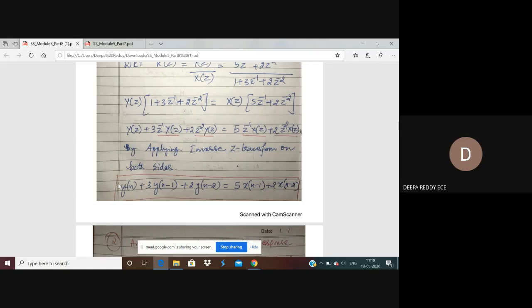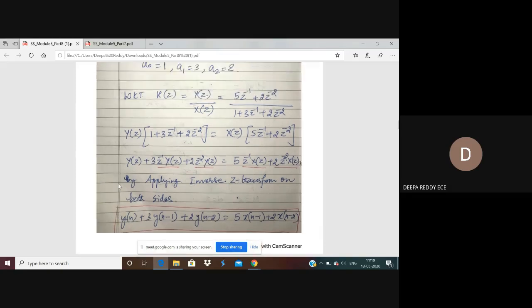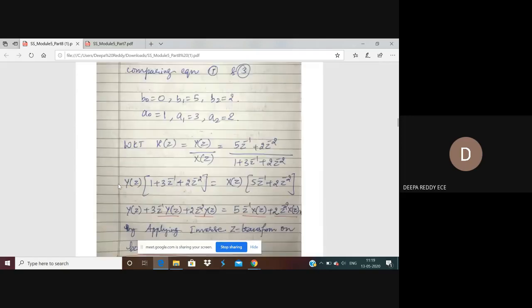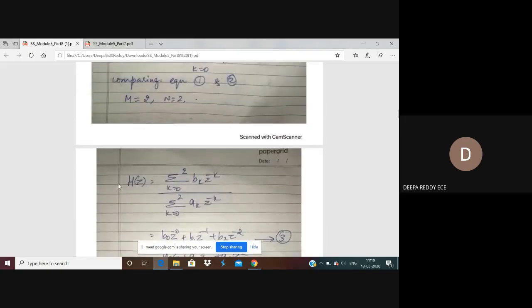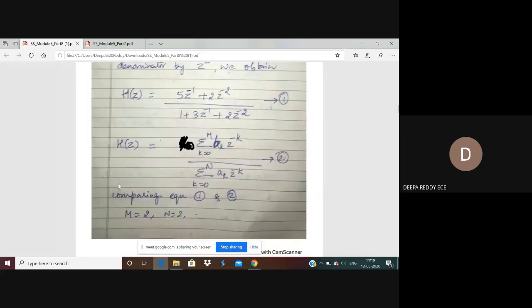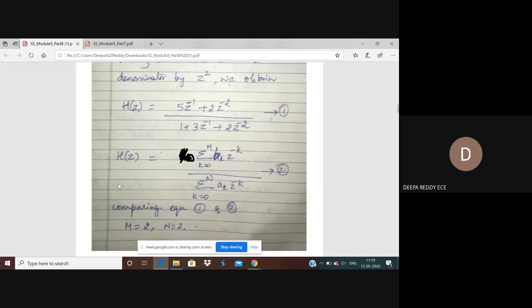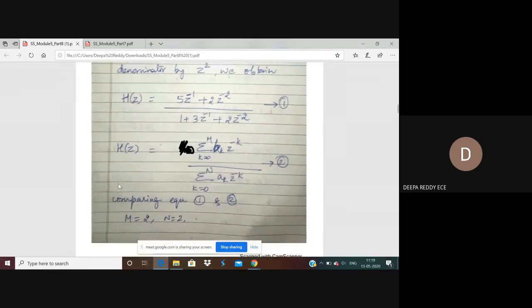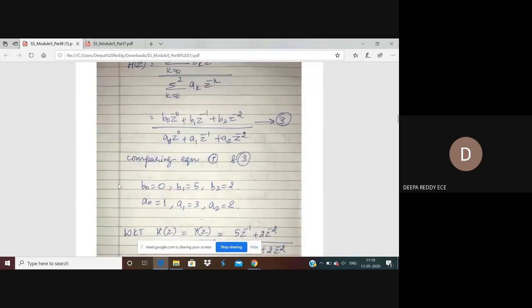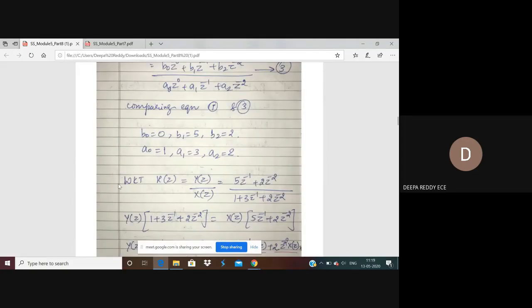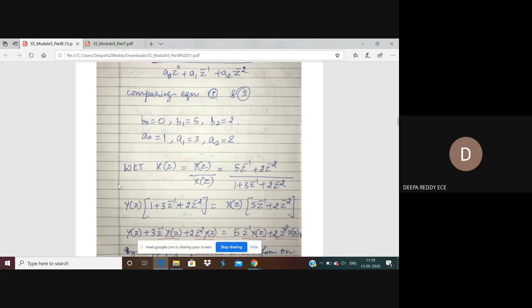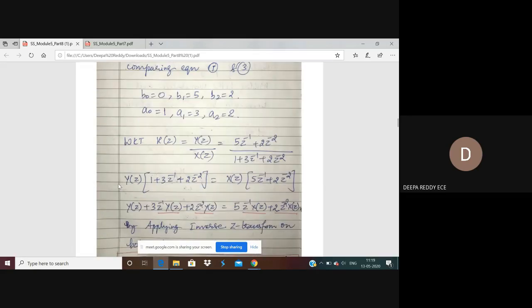So this kind of question is tackled by converting it into the negative power because our generalized expression demanded it, and then comparing it with the standard expression, you will get to know its coefficients, what are a0, b0, b1, etc. Then later we have to come up with an input-output relationship in the time domain.